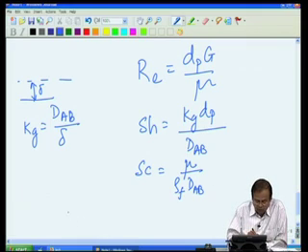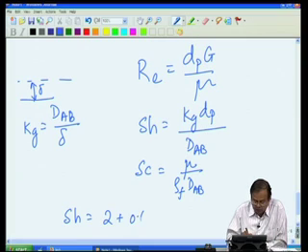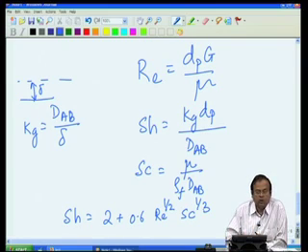For example, the Froessling correlation is Sherwood number equals 2 plus 0.6 times Reynolds number raised to 1/2, times Schmidt number raised to 1/3.